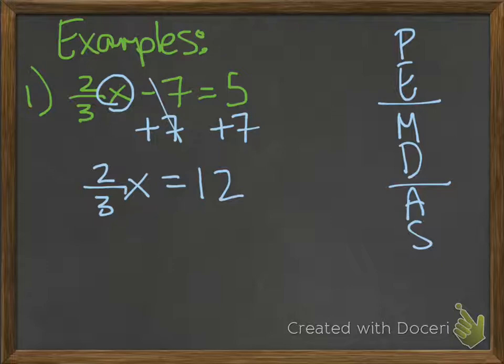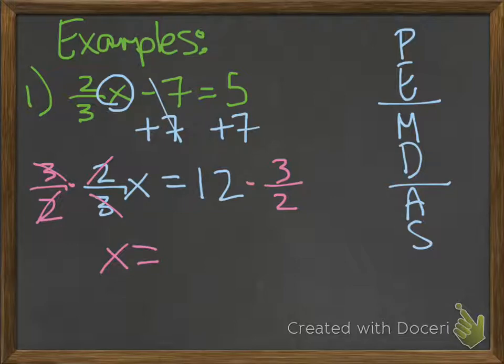We can divide by 2/3, but if you don't happen to have your handy-dandy calculator there, remember that dividing by a fraction is the same thing as multiplying by the reciprocal. So we could get rid of this 2/3 by multiplying both sides by 3/2. 3 on top cancels with the 3 on the bottom, and the 2's cancel. So we're left with x equals, and then 12 times 3/2 is going to give us 18.